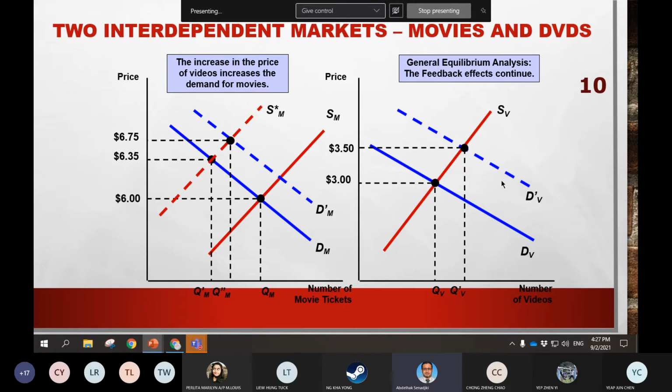The demand for DVDs increases. Again, the price of DVDs increases. This makes people shift again to watching movies in the cinema. Therefore, the demand for movie theater tickets increases the price of the theater ticket.